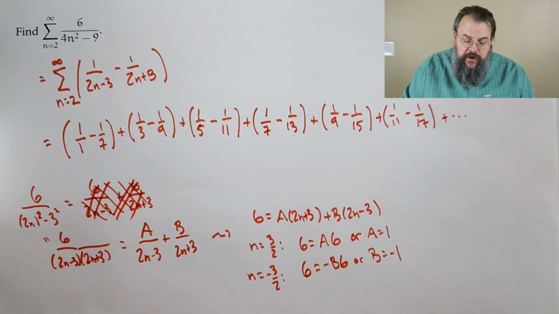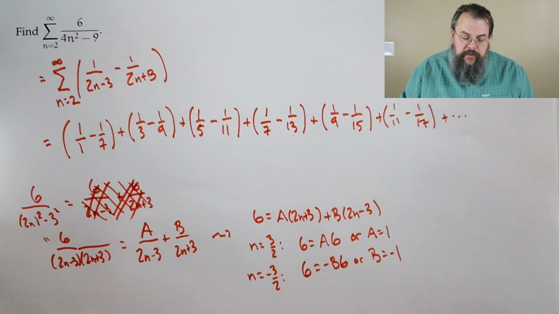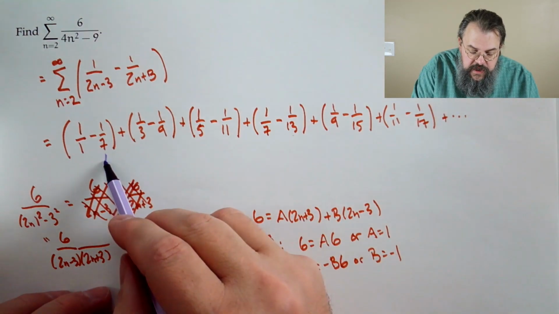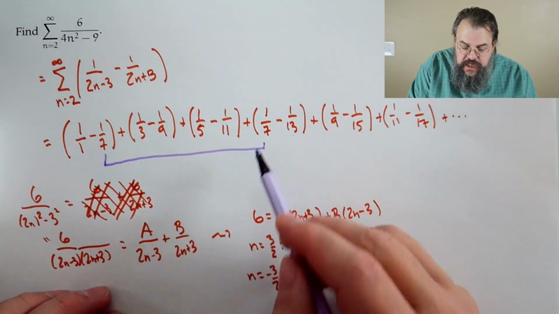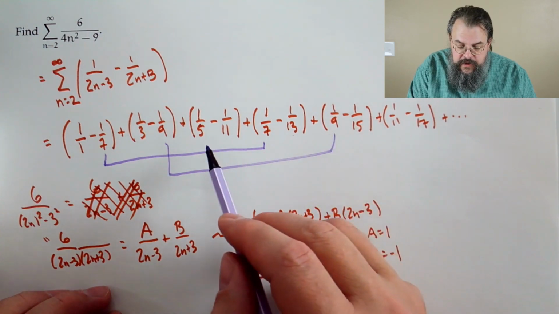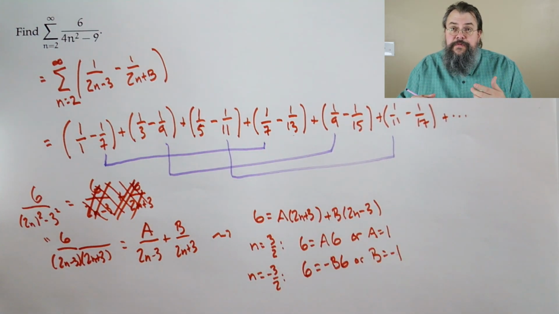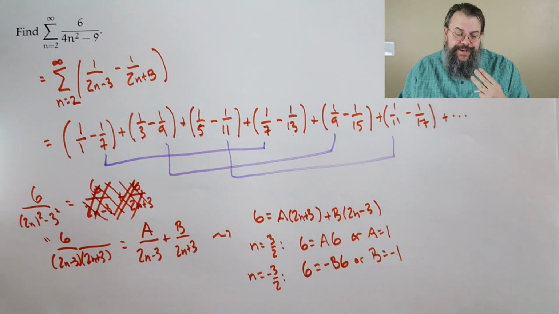Now we say, wow, it took a while, but we did get some common terms, right? The 1 over 7 from the first, after 1, 2, 3, canceled. The 1 over 9 canceled. The 1 over 11 canceled. And that should continue. Now, why did it take 3?